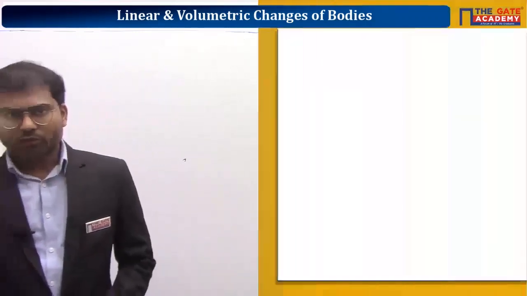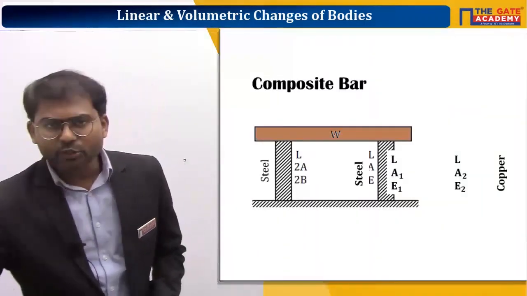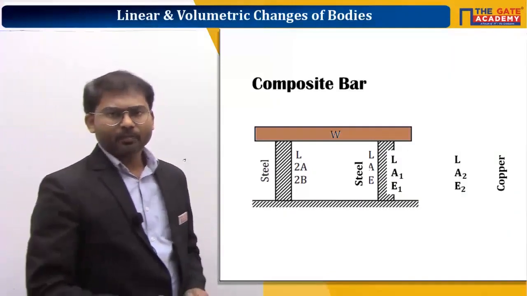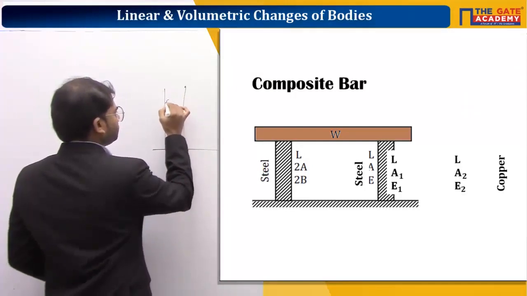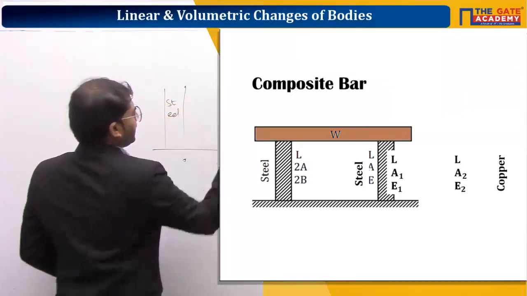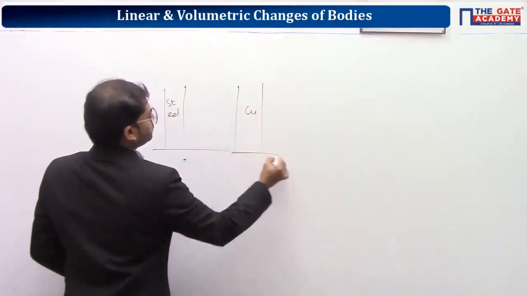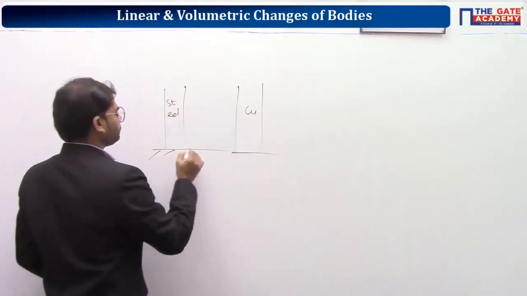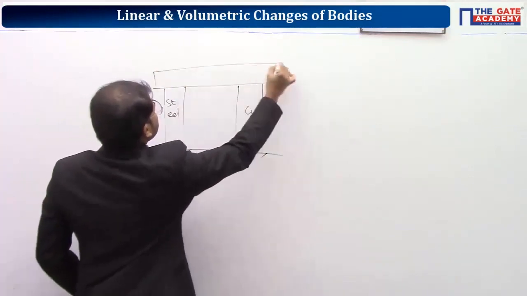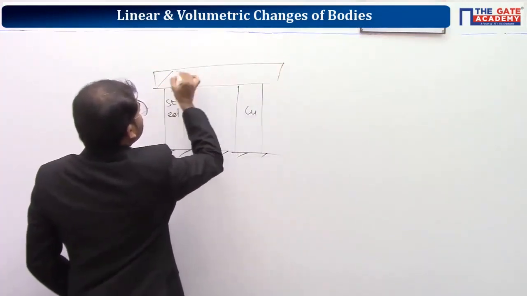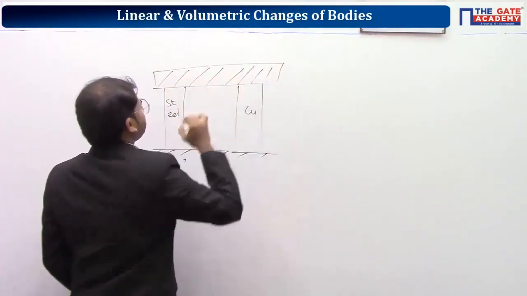Okay, once look at the picture in the secondary screen here. There is one steel bar, and this is made of copper, and we have a rigid support like this.